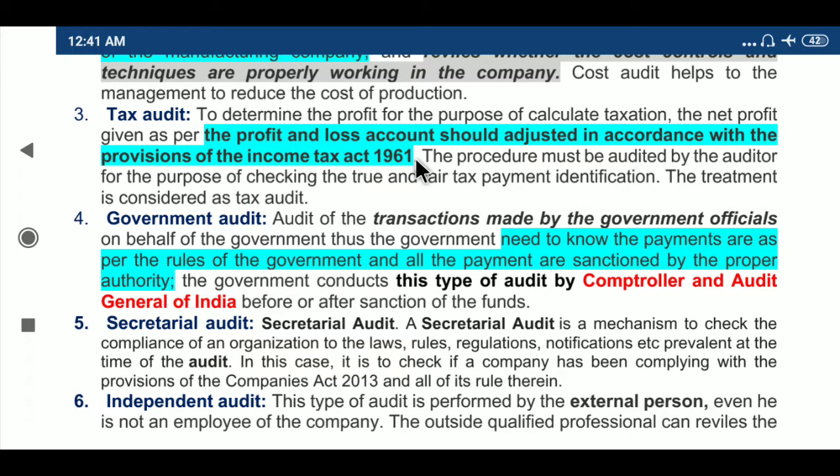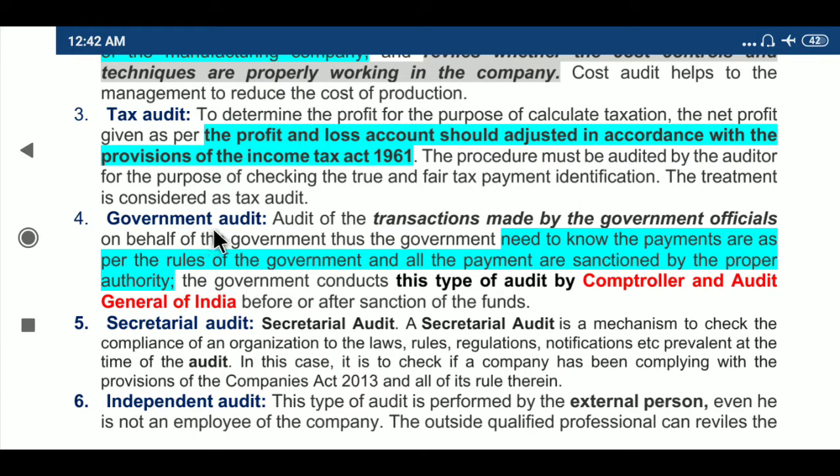For example, the depreciation rate followed by the business is different from the provisions of the Income Tax Act 1961. There must be adjustment to that depreciation as per the Act. So that's why they need to prepare a separate profit and loss account as per the provisions of the Income Tax Act 1961. So it is a tax audit.